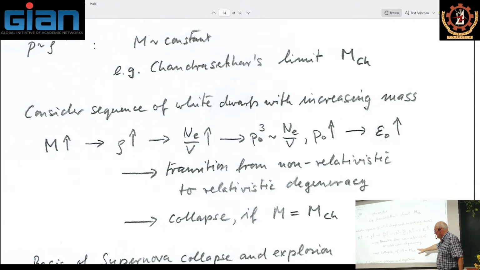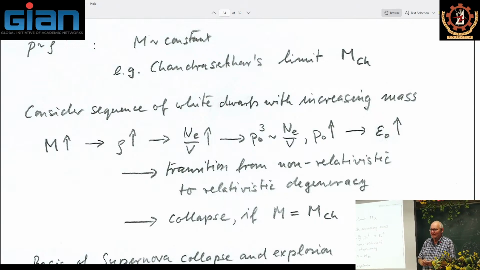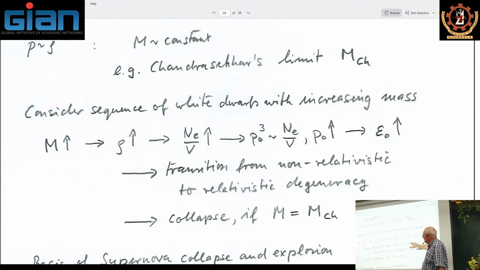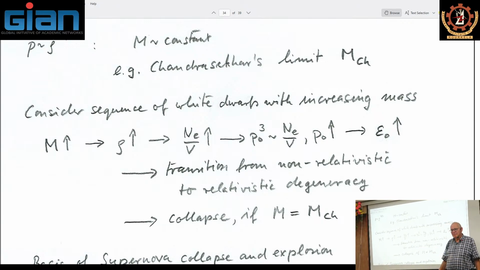This gives rise to a very well-known phenomenon in astrophysics. This is the cause or the onset of so-called supernova explosions. Actually, this thought experiment is done in a scenario which leads to a supernova explosion.